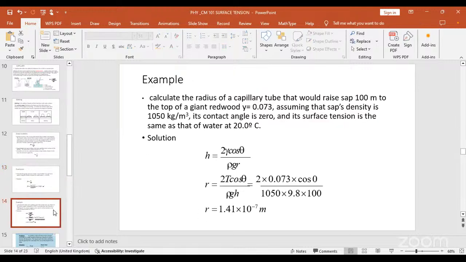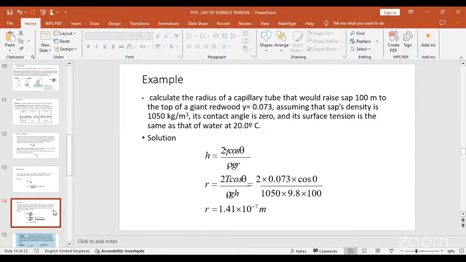There's another situation, an example here. We want to calculate the radius, where we are given the radius of a contact in a capillary situation, where we have a rise or a fall, and we have been given some interesting parameters to evaluate.